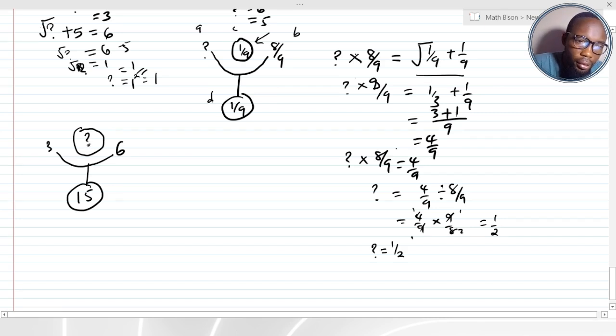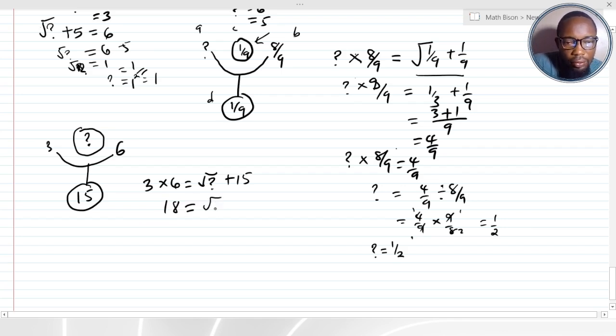All right, the second question says this. There's a missing number here. 3 times 6 must give me the square root of that number plus 15. 3 times 6 is 18. And I'm having a square root plus 15. I should know that the square root of that missing number must give me 18 minus 15, and that should be 3. There's a number, if I look for the square root, I'll have a 3.